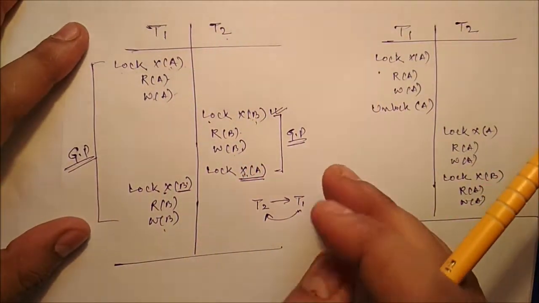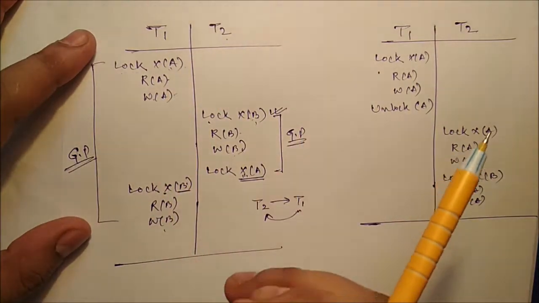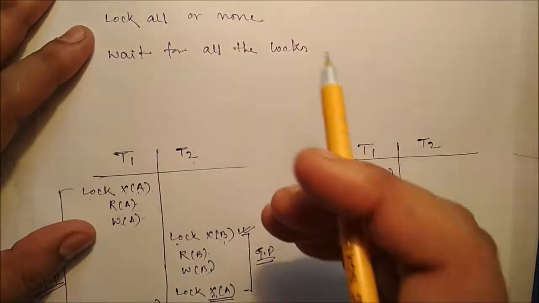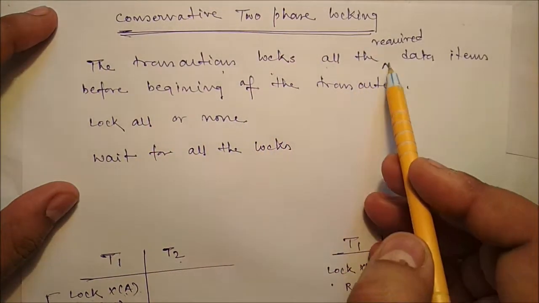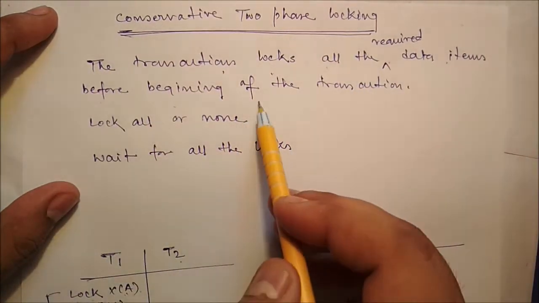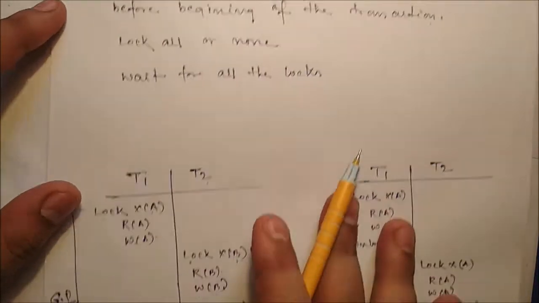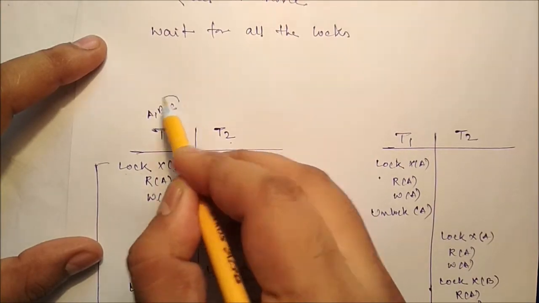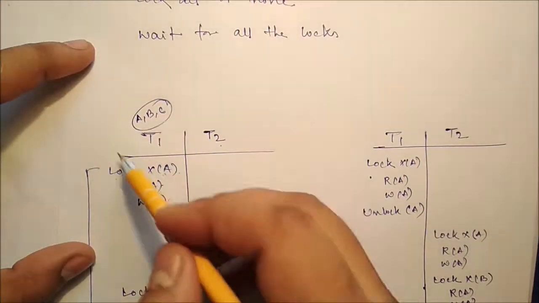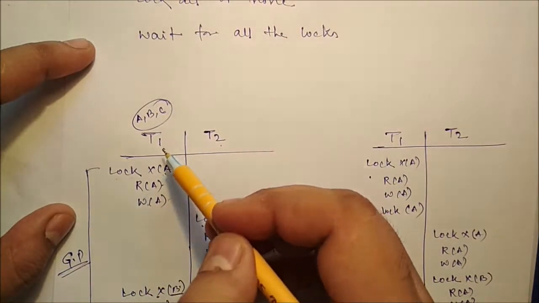Now if you use simple conservative two-phase locking protocol, we can remove this particular limitation. The concept is very simple. The transaction locks all the required data items before the beginning of the transaction. Say T1 needs data items A, B, C. First of all, lock all the data items before beginning the transaction, then it starts execution.